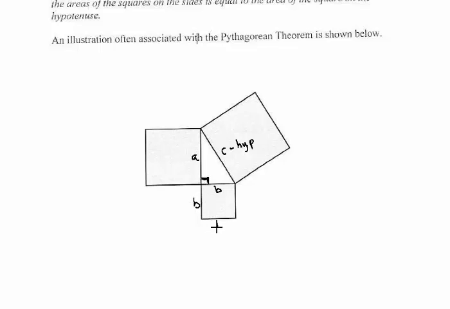Okay, so all the sides of this square measure B. Likewise, all the sides of this square measure A, and then all the sides of this large square measure C. Now, if you cut this out, okay, and you place this bigger square as far as the legs go.